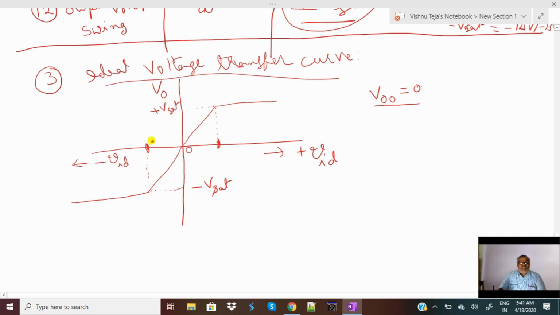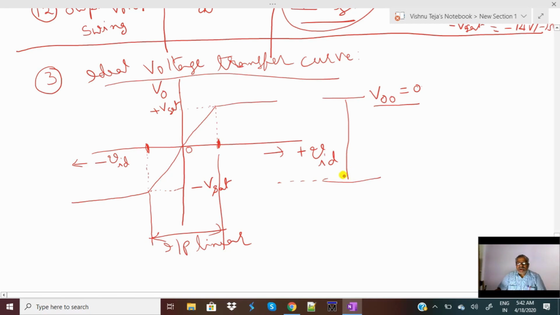So the operational amplifier should be operated within this range of input values. We can call this the input linear range, for which the amplifier will provide faithful amplification. The maximum output that we can get is plus Vsat, and the minimum value is minus Vsat.